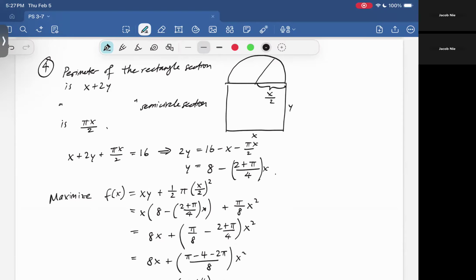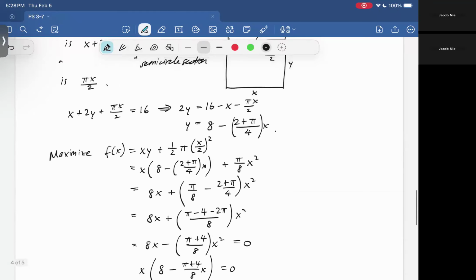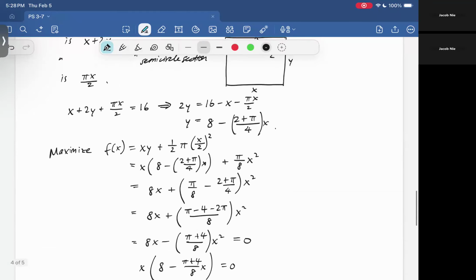Seems like it's outside the domain. It's really weird. It's too big. Doesn't make sense at all.